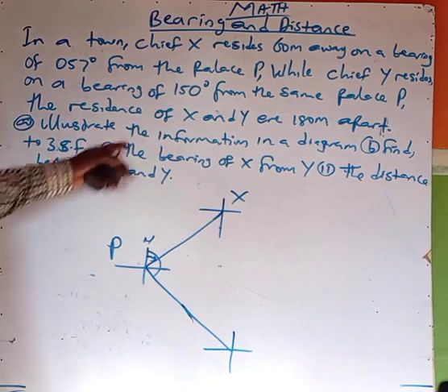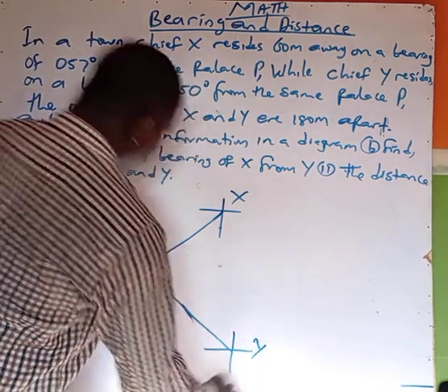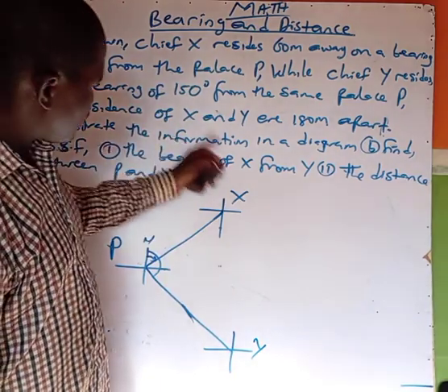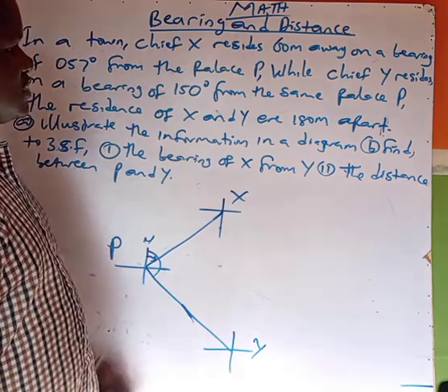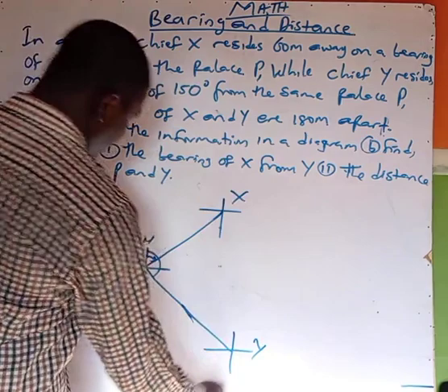Now look at this. Then they tell you this is the house of Y. Then they tell you something again. The residents of X and Y are 180 meters apart. So from here to here is 180 meters.